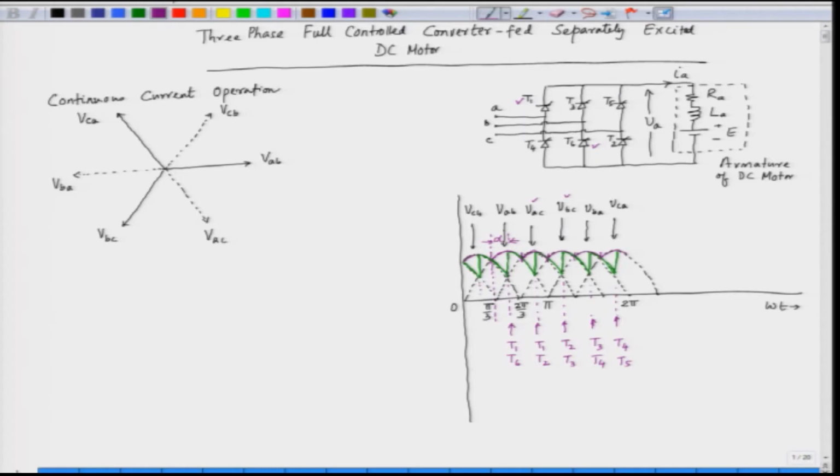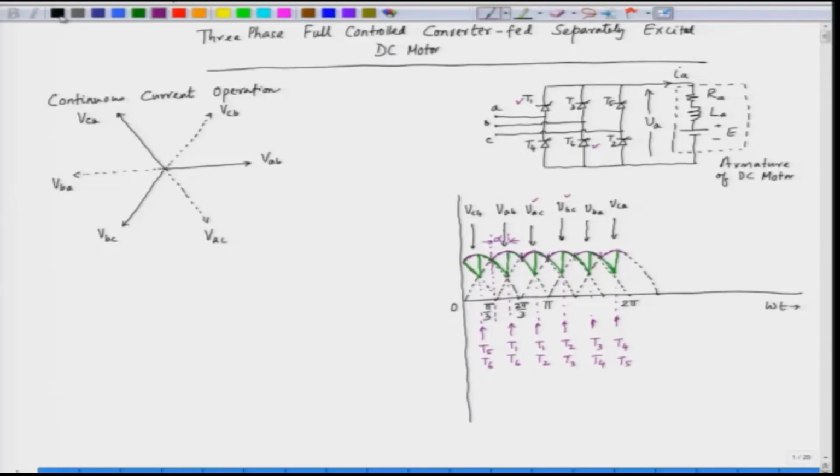At this instant the maximum voltage is VCB, so CB means it is T5 and T6. This is how the SCRs are triggered. In one complete electrical cycle, we get 6f ripple. So, here the ripple frequency is 6f.